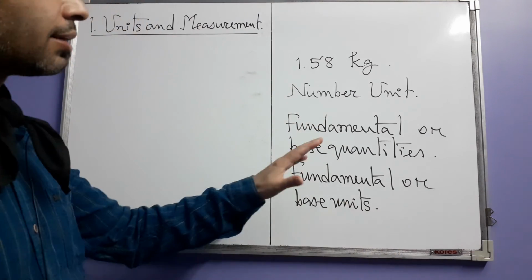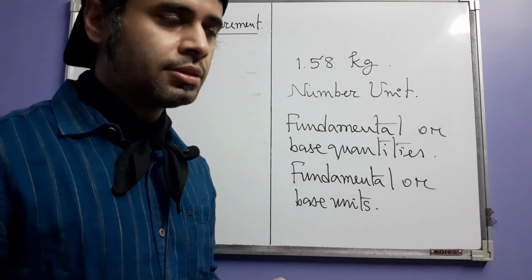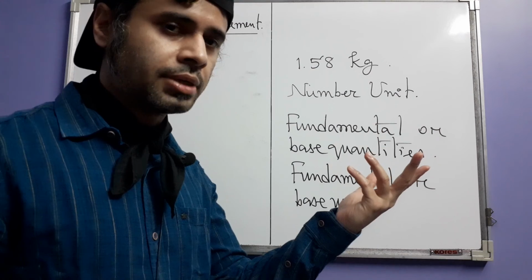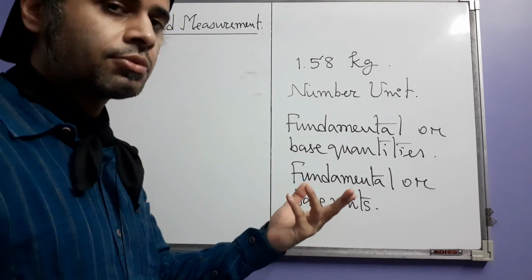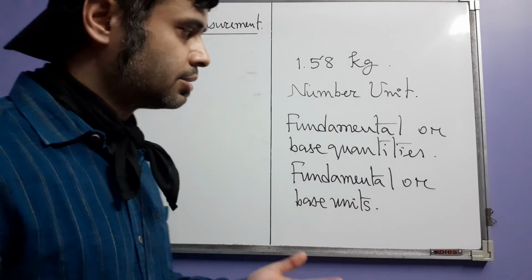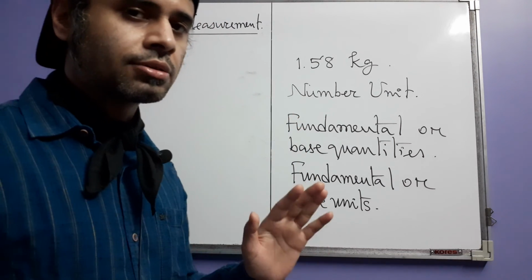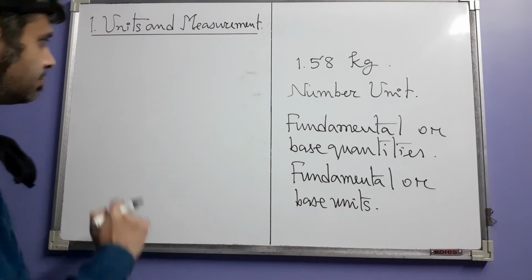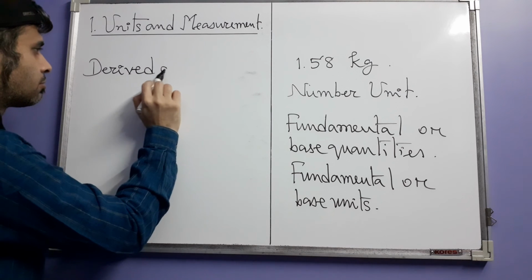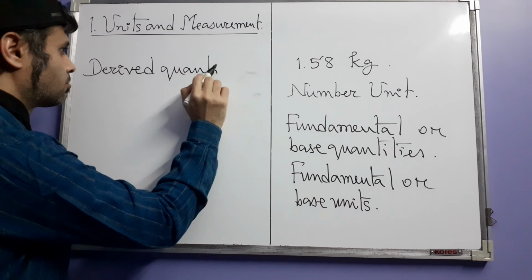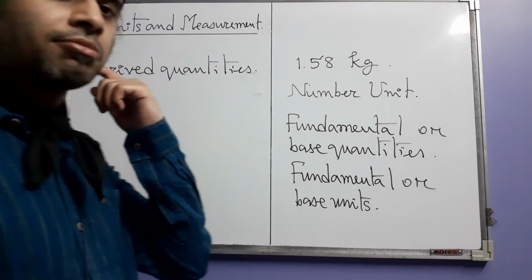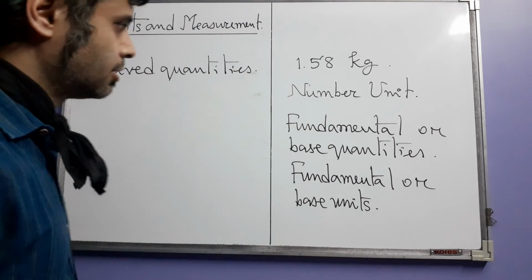In what sense are these quantities fundamental? See, in the sense that the other physical quantities, each one of them can be expressed as some kind of combination of these base quantities or the fundamental quantities, and those other quantities are called derived quantities, because they can be derived from the fundamental quantities as their combinations.